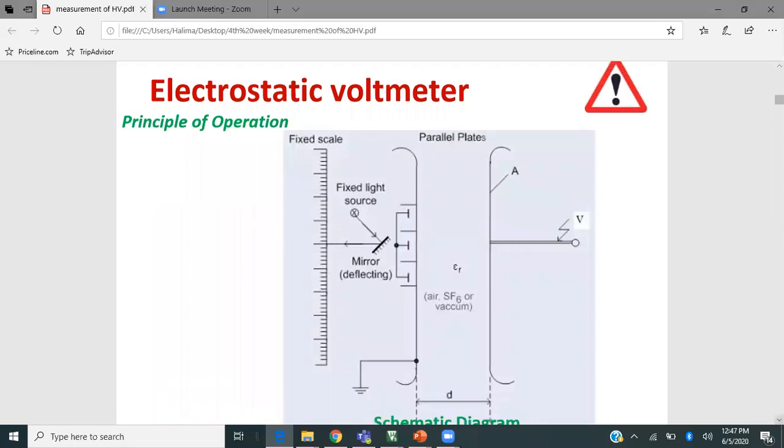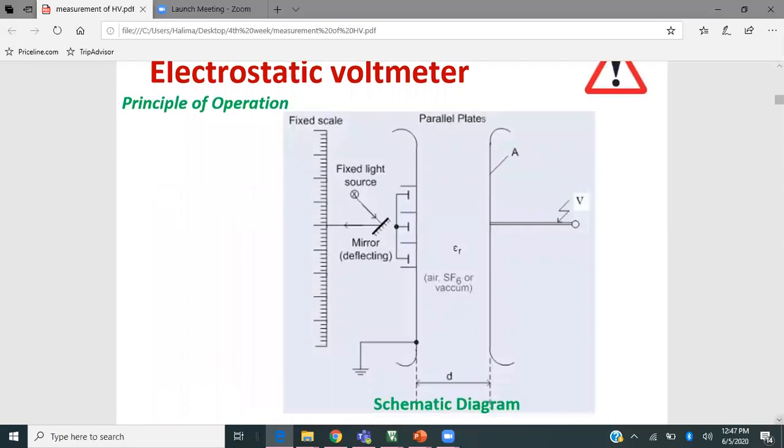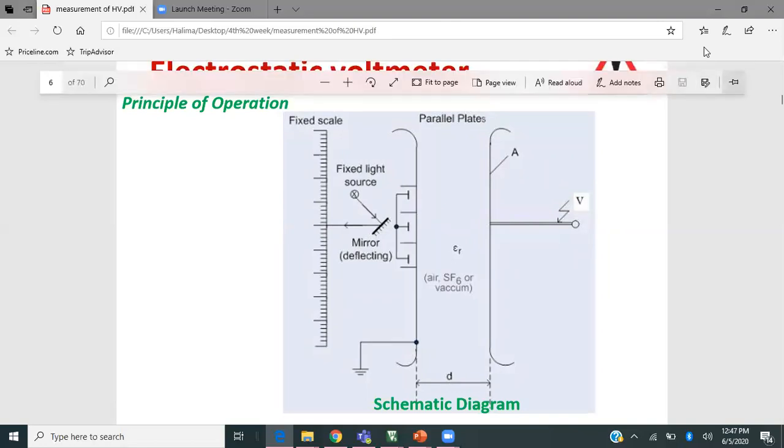This will make the idea clearer. You will see that here one is the fixed light source and the other is the parallel plate, and here is the medium. Due to the force of attraction, this needle will deflect, and this is the mirror.